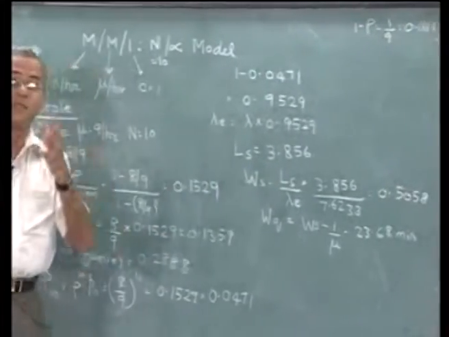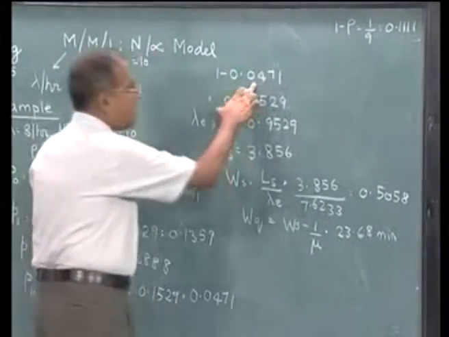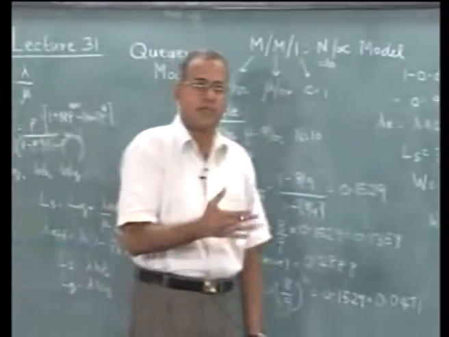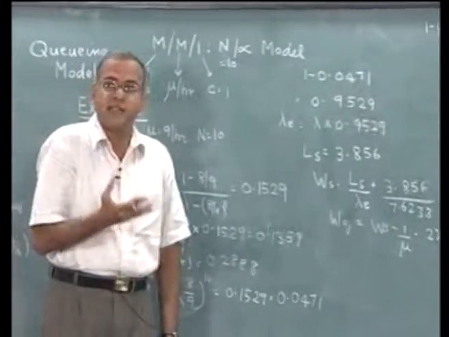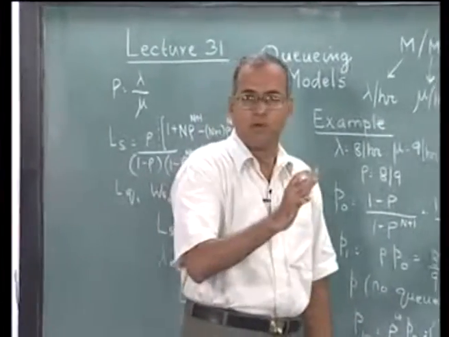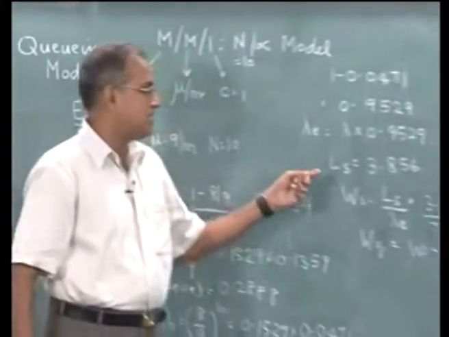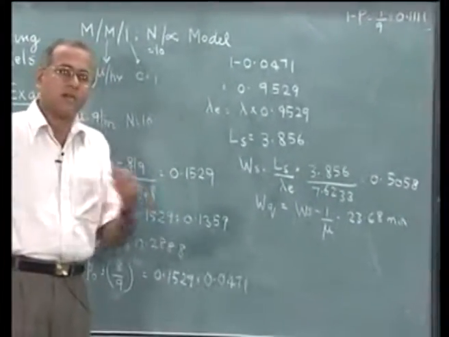But the customer also has to be aware that there is a chance, close to 5%, that a person coming in is not able to join the line, which again is something that the system has to worry about.